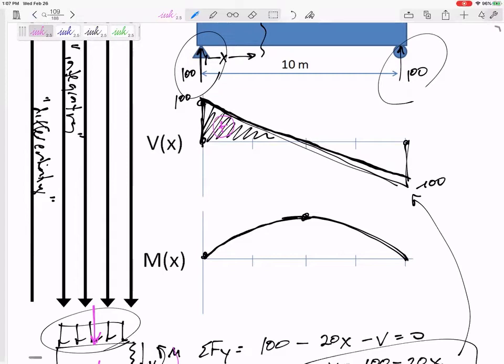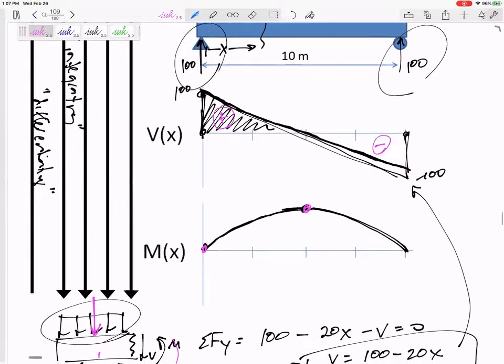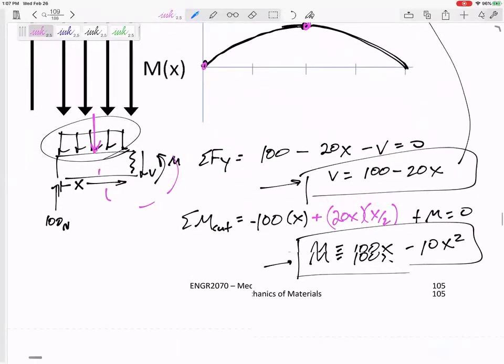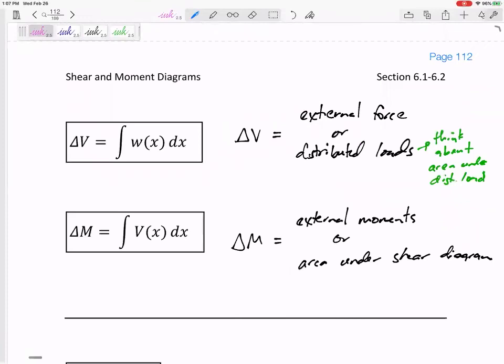That would be a positive area, so that's why it pushes this M up right there. This would be a negative area, that's why it starts pushing it down. All right, so that's what I'm looking for when I'm drawing my V diagram, and that's what I'm looking for when I'm drawing my M diagram.